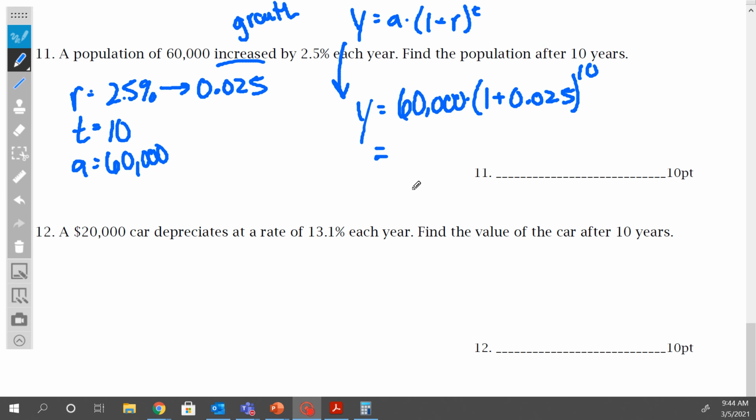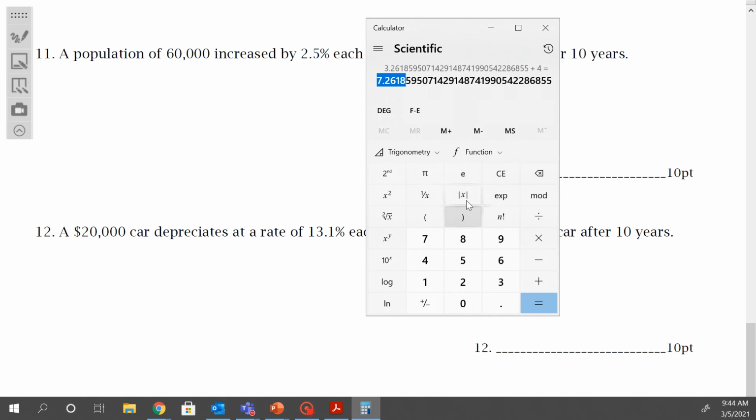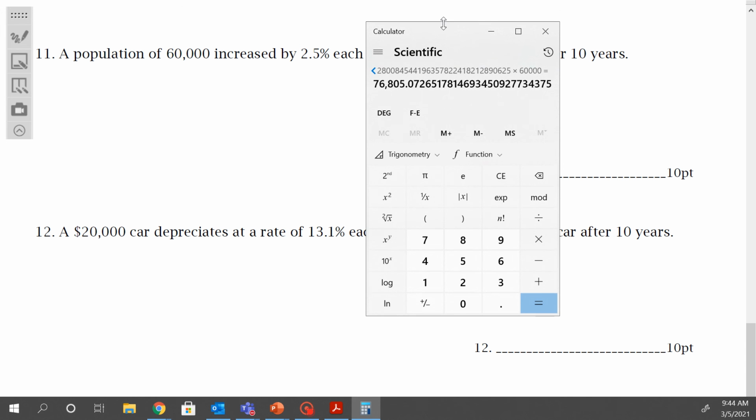Okay, so we just need to put this into a calculator. So we'll do this first, and then raise it to the 10th, and multiply by 60,000. So 1 plus 0.025 raised to the 10th power, multiplied by 60,000, and then we will, does it tell us how to round this?